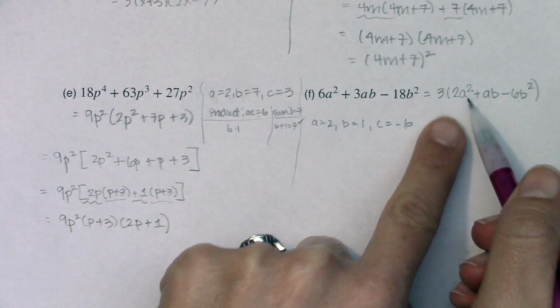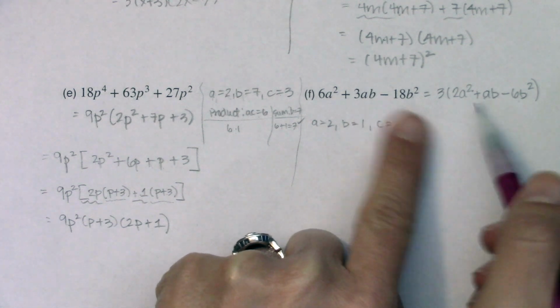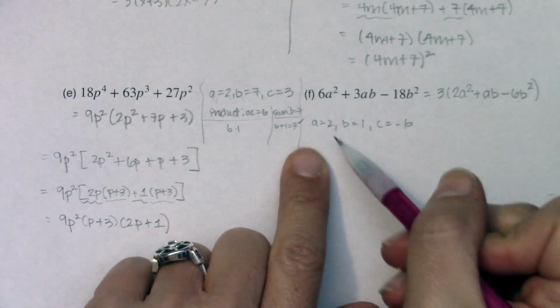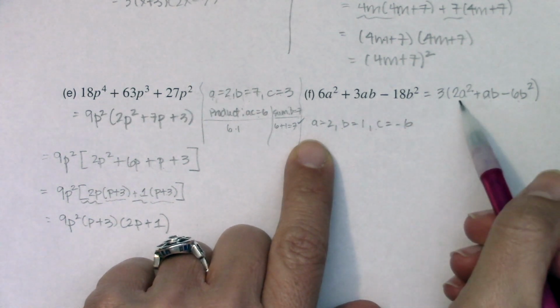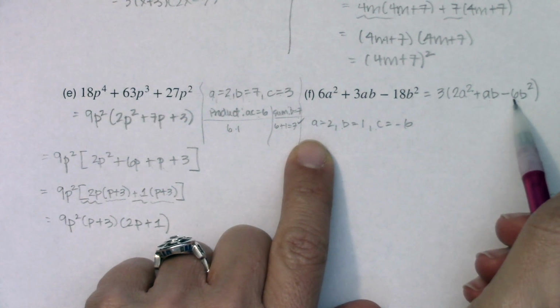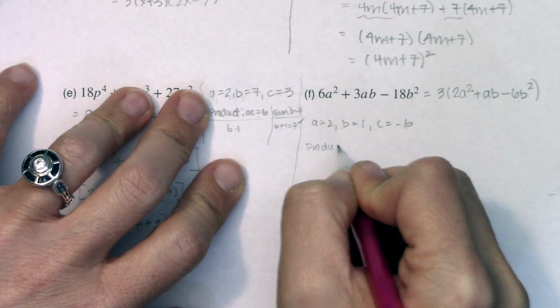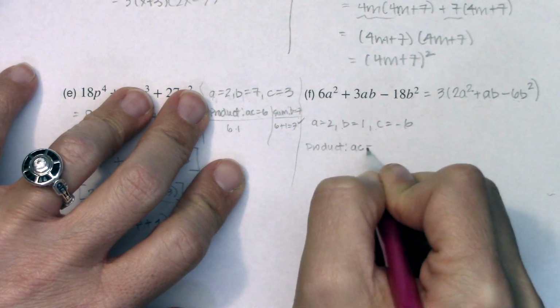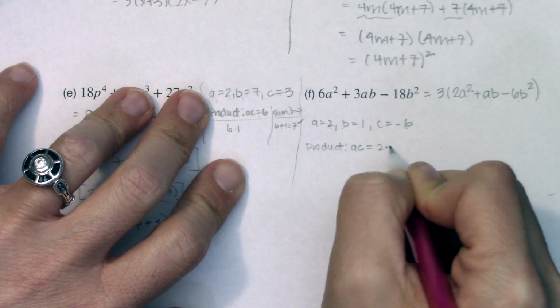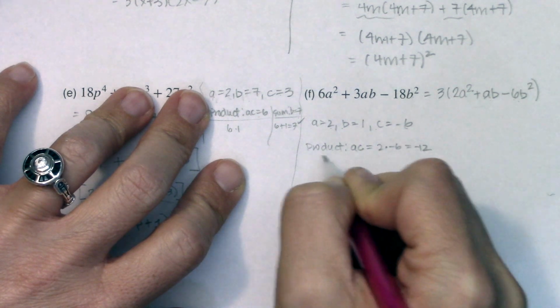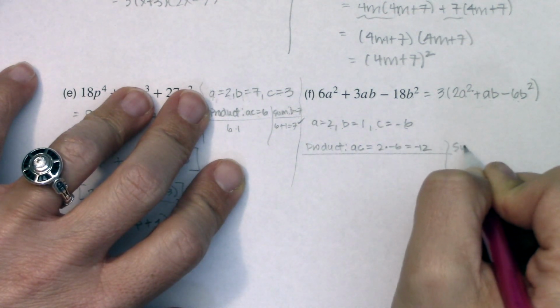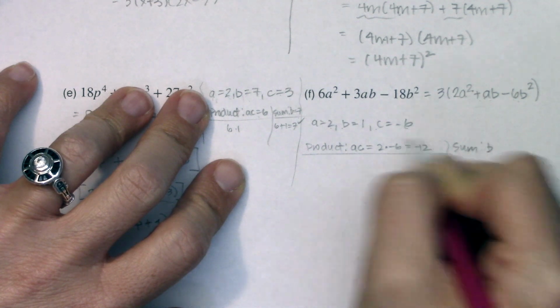So I do want to acknowledge there's A's and B's in the original problem because those are the letters. And I'm just representing A, B, and C as the coefficient of this trinomial here. All right. So what do we need? We need a product of AC. All right. AC this time out is 2 times negative 6, which is negative 12. And I need those to sum. All right, what was my B value? 1.